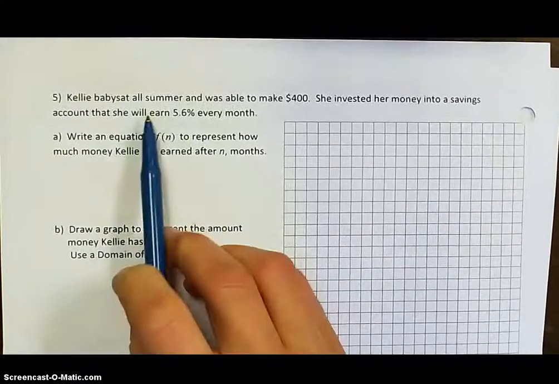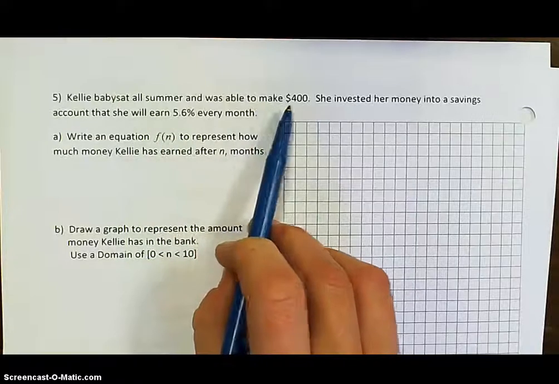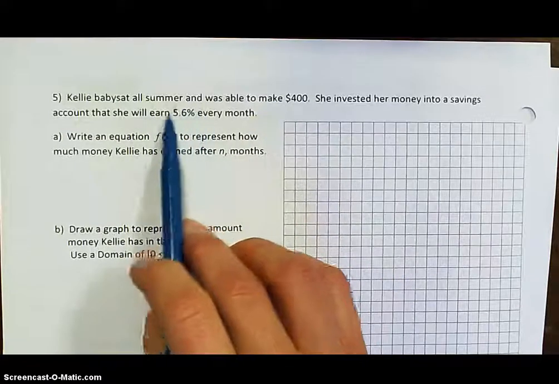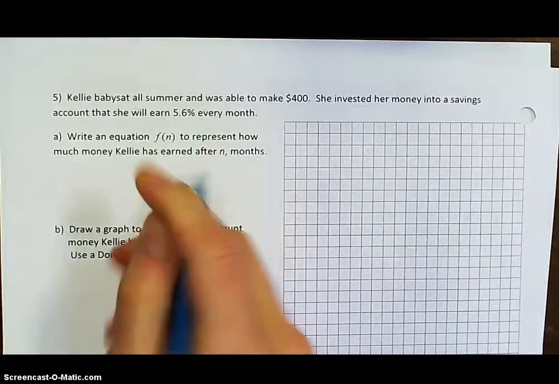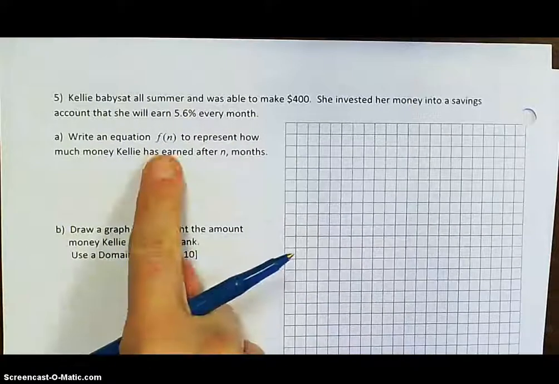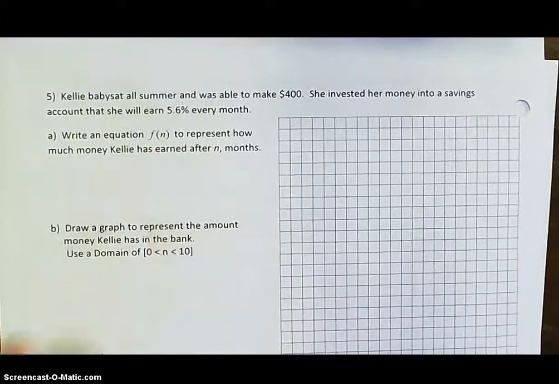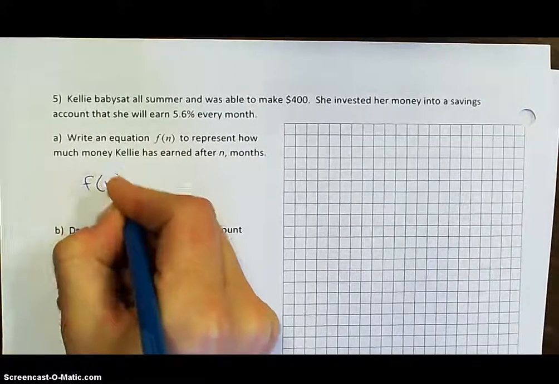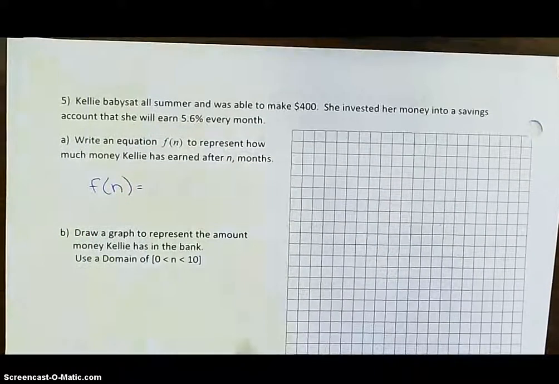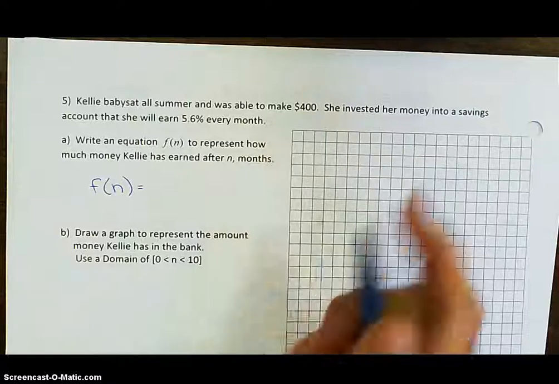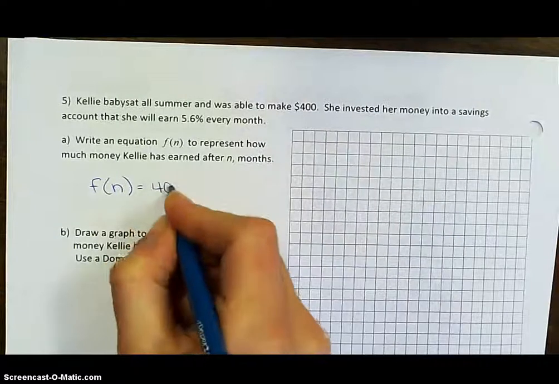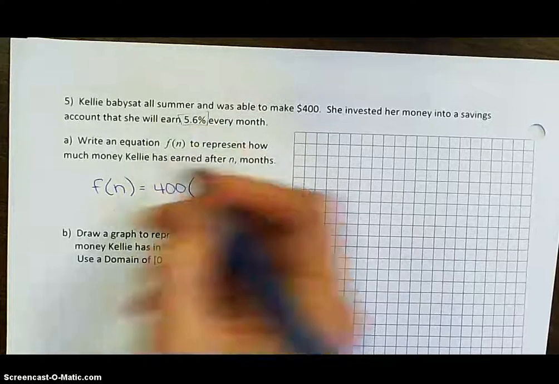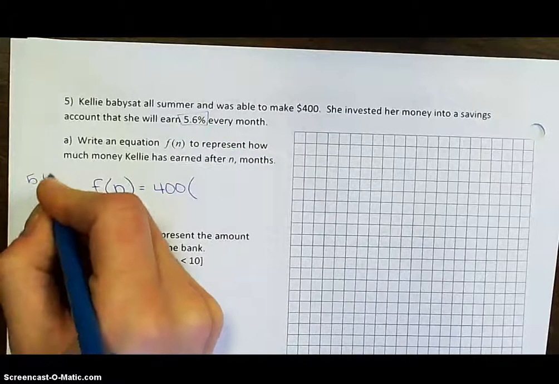Okay, now if I look at this, this is very similar to what we did in the front. We're starting with an amount, and it's going to increase by a percentage. So I can use my compound interest. But instead of saying A equals, they want us here to say f of n equals. So f of n equals, and now we're going to fill it in. The amount that we're starting with is 400. And then here is our interest rate, but remember 5.6%.